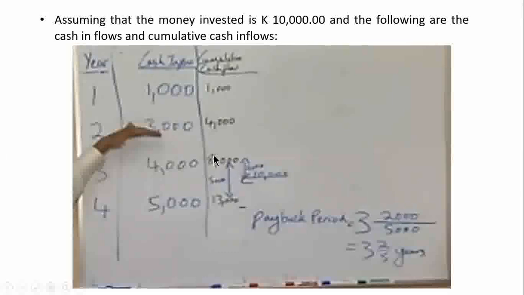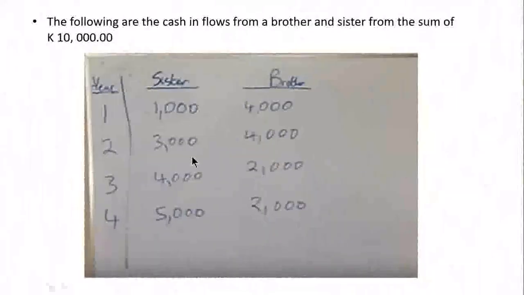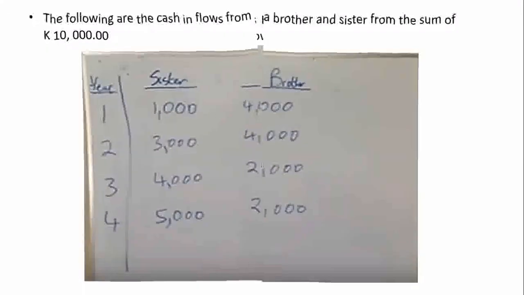Then from 13,000 to 8,000, the difference is 5,000. That's what you put below. So if you do your computation, you get 3 and 2 over 5 years. This is the payback period for the 10,000 of the sister. So the sister will pay back this amount in 3 and 2 over 5 years.